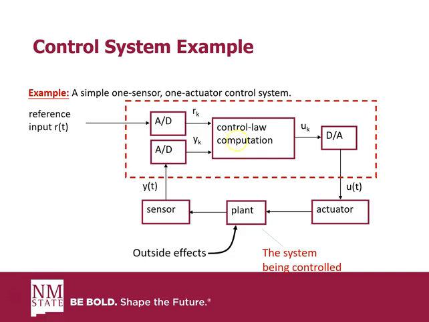The heart of the system is the control law computation block. Here the system compares the desired value rk with the measured value yk and calculates the necessary control action uk.